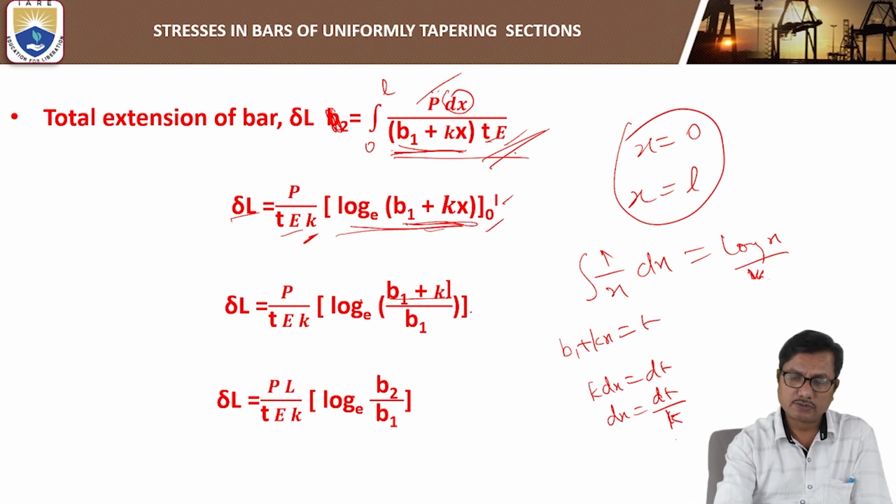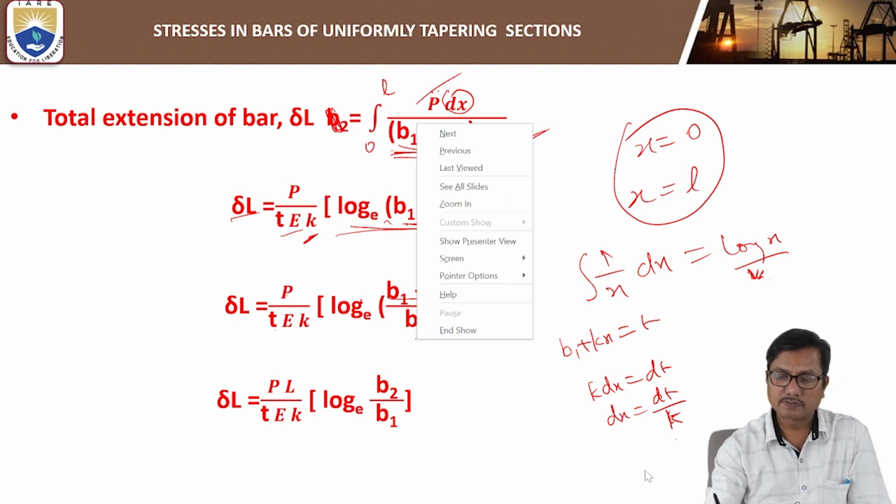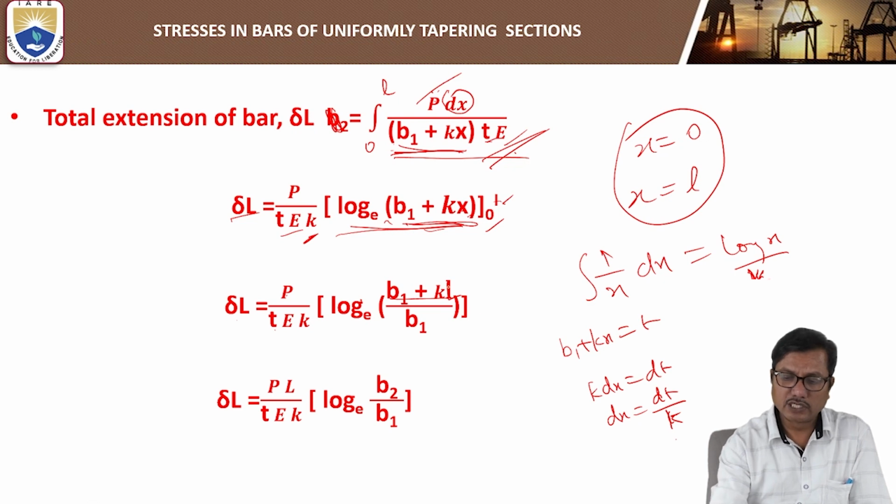So substituting the limits here, delta L, the total extension, is P by tEk into log (b1 plus kL), minus the value at 0. What happens when you substitute 0?